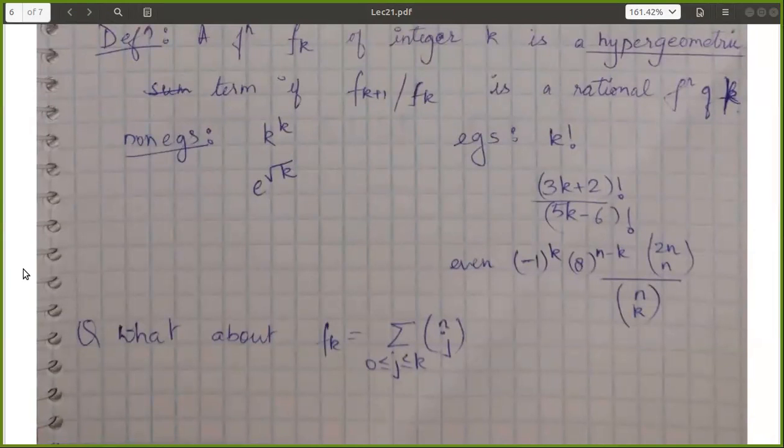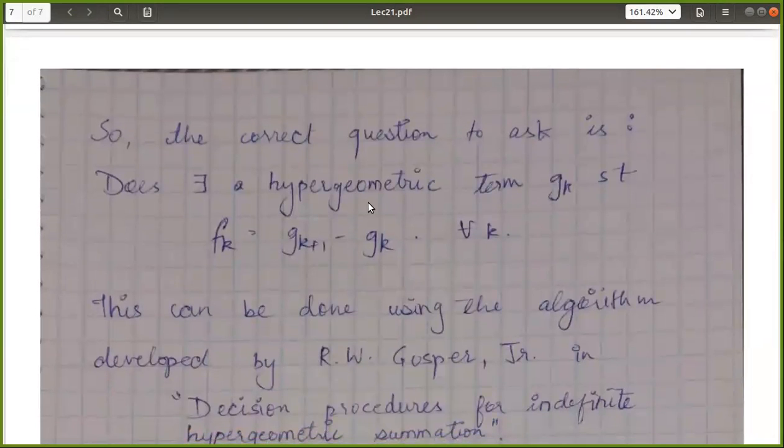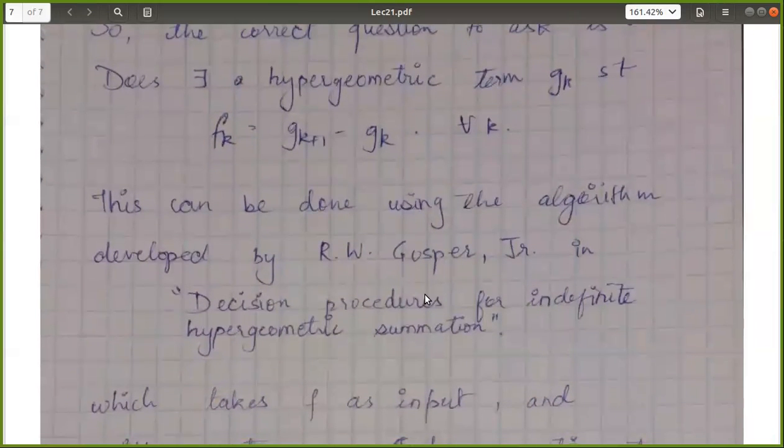So the correct question is actually asking for a hypergeometric term g of k, not just any function g of k, such that f of k can be written as the difference of g of k plus 1 and g of k. And this can be done using the algorithm developed by Gosper in his paper titled Decision Procedures for Indefinite Hypergeometric Summations.